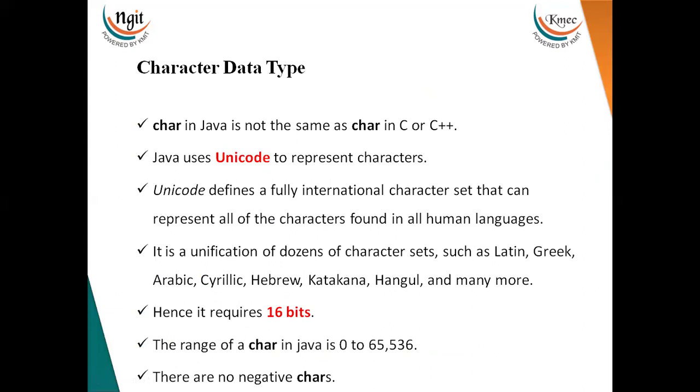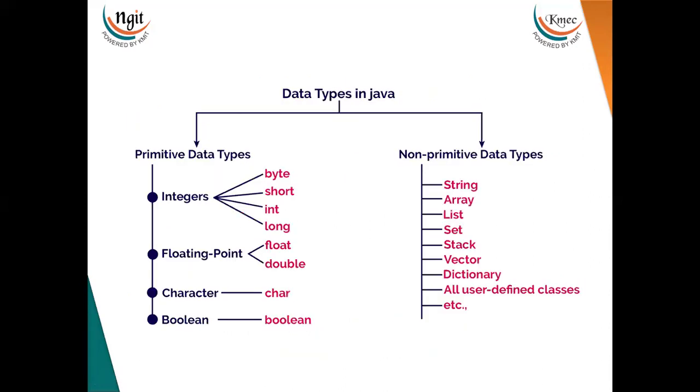The other part is non-primitive data types. In Java, non-primitive data types are the reference data types, or you can call them user-created data types. All non-primitive data types are implemented using the object concept.